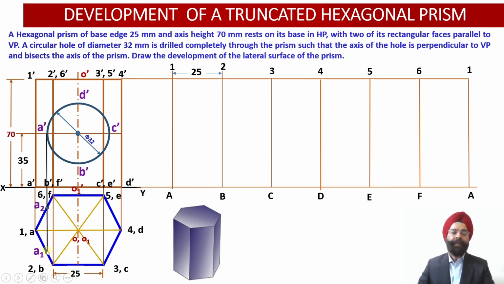Where do we find the location of the vertical edges which are going to define the location of the point A into the front face projection of the circular hole and into the rear face projection of the circular hole over here?